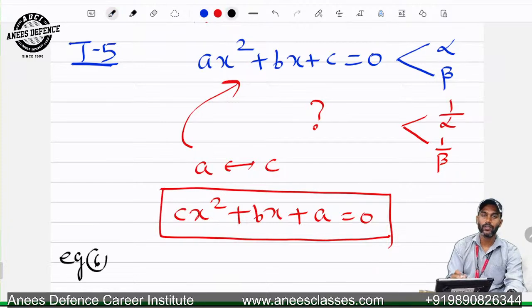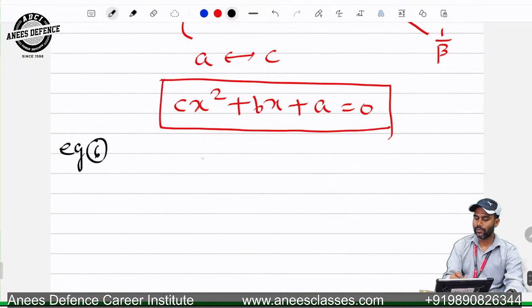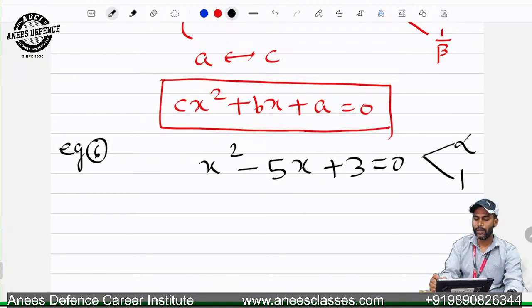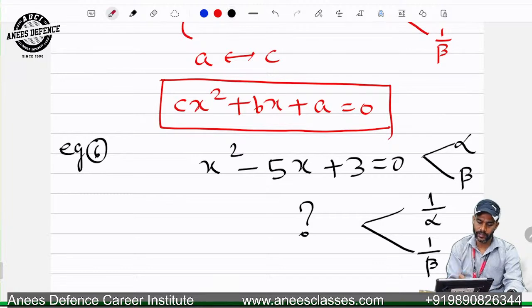Suppose we have equation x square minus 5x plus 3 is equal to 0. You are not supposed to find the roots. And we have to find out the equation of which roots are 1 by alpha and 1 by beta. So very simple.